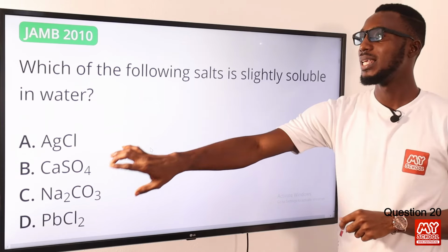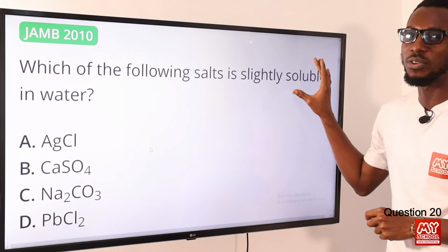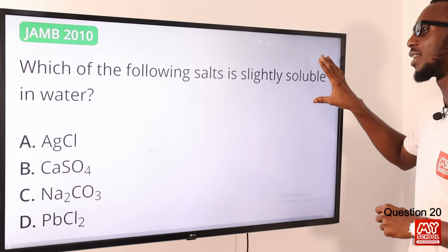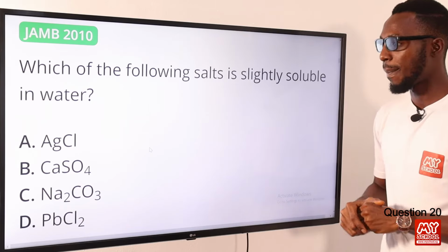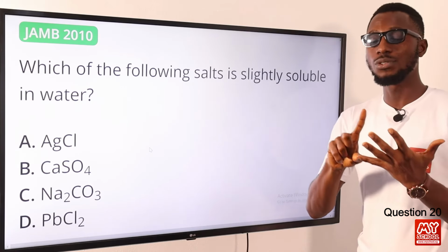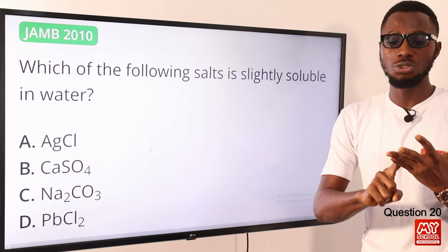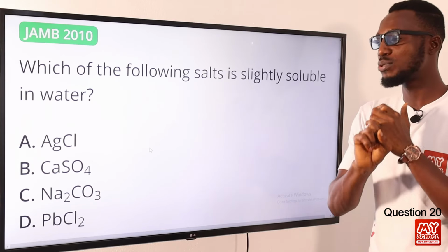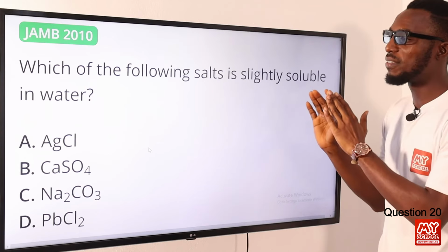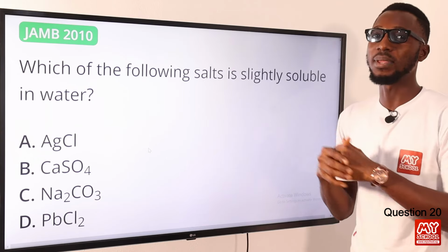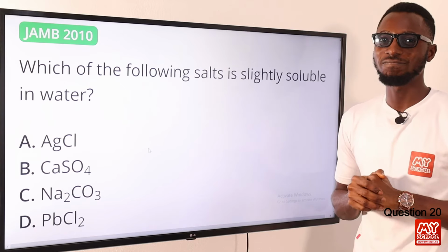Now this salt is slightly soluble in water, so this fits the description we are looking for. Now coming to your washing soda, the carbonates of sodium, of potassium, of ammonium, they are soluble in water. So what we are looking for is found in option B. So option B is the correct option.